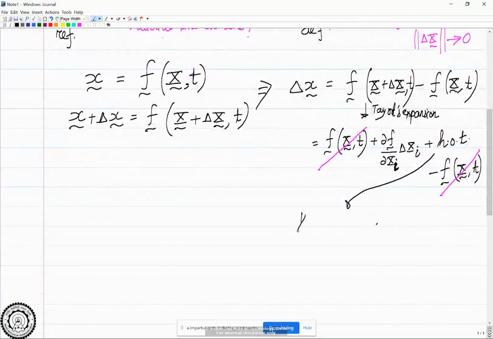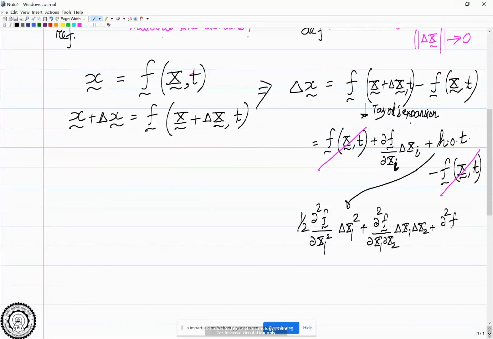So it's going to be half of del 2f over del x1 2 into delta x1 whole square plus del 2f over del x1 del x2 into delta capital X1 into delta capital X2 plus del 2f over del capital X2 whole square into delta capital X2 square, isn't it? Then you have even higher order terms.